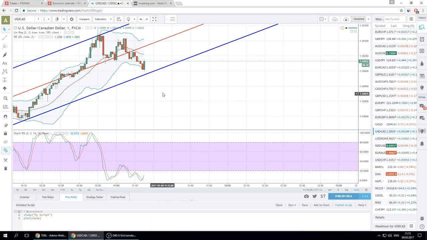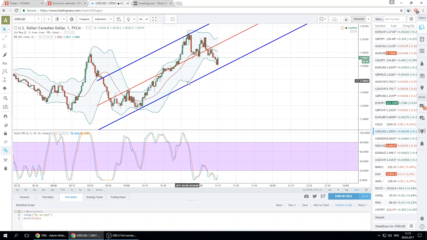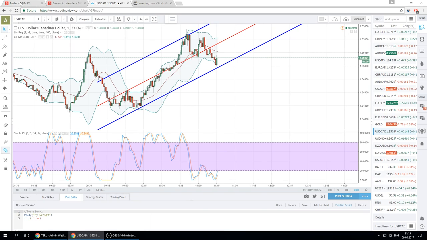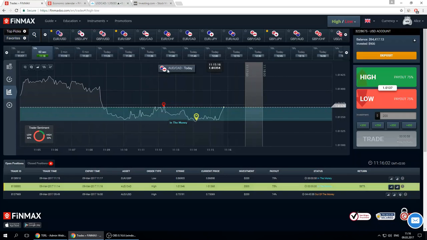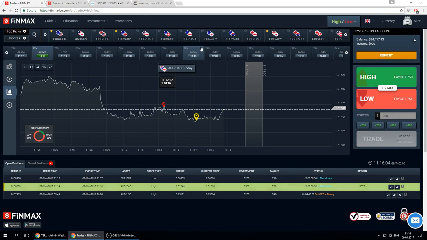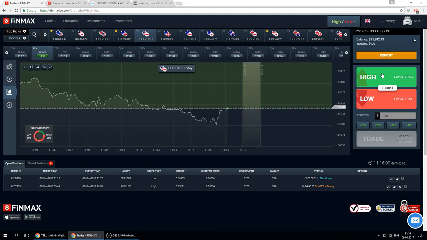Okay, that's the dollar Canadian, also a pretty good situation. USD Canadian. Let's enter for high for 1 minute.